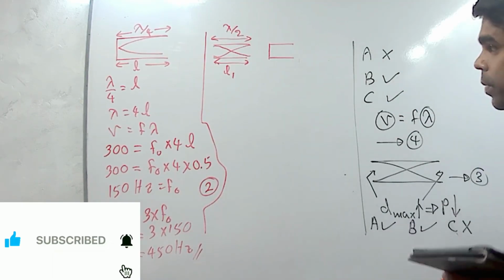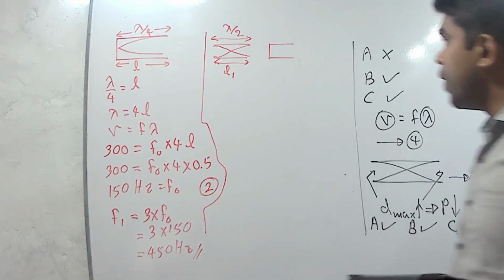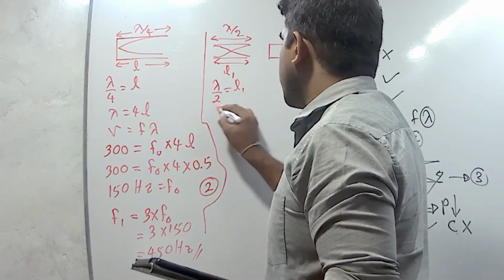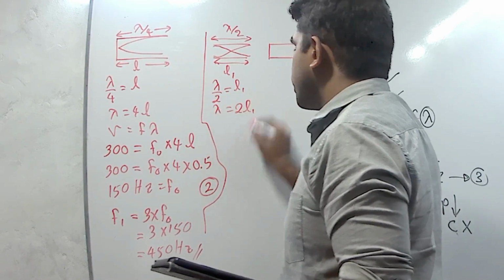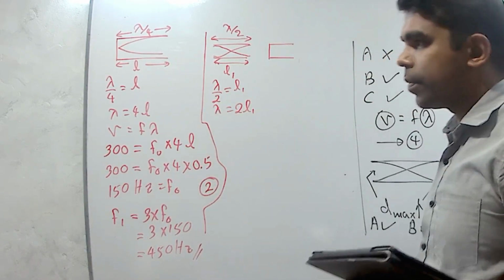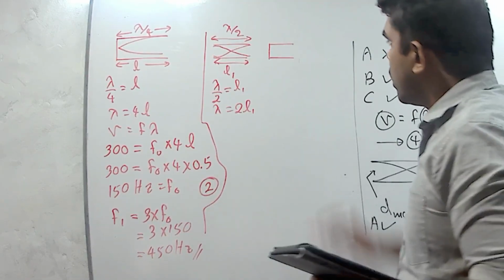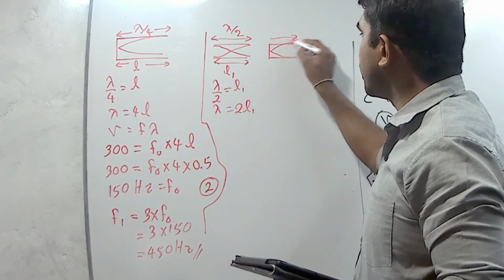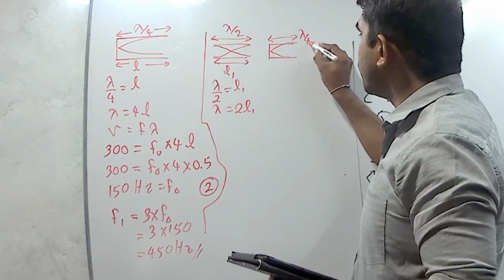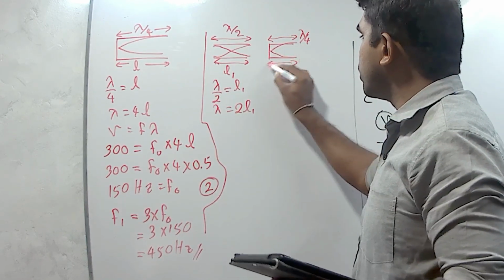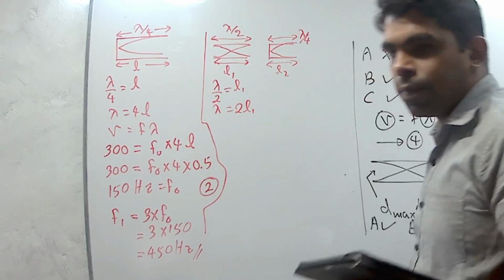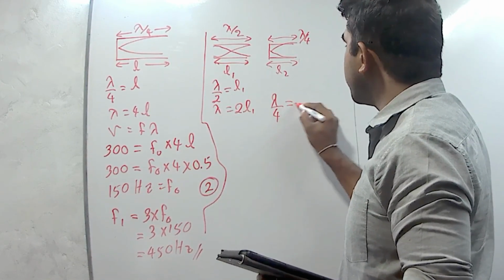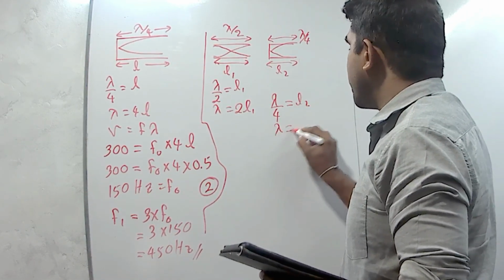Now we get lambda over 2 equals L1, lambda equals 2L1. For the closed tube, the fundamental should be like this. Lambda over 4 equals L, I will consider it as L2. Then lambda over 4 equals L2, lambda equals 4L2.